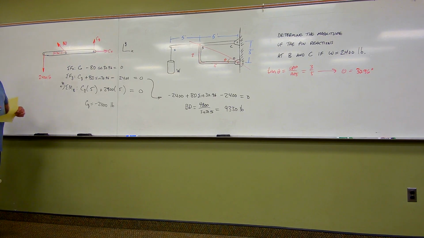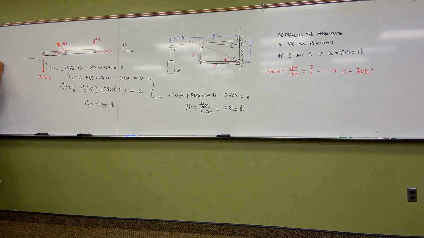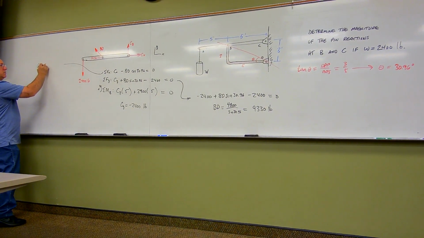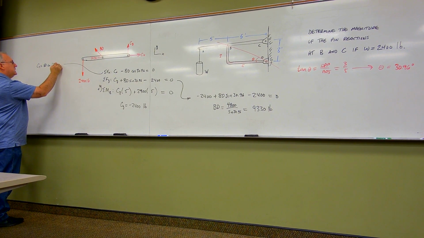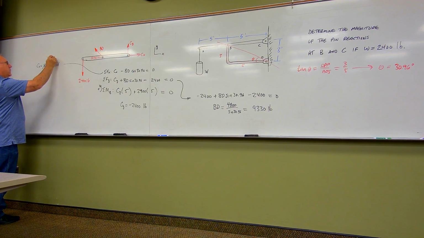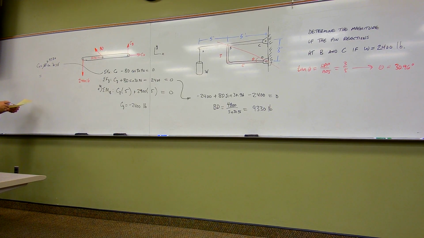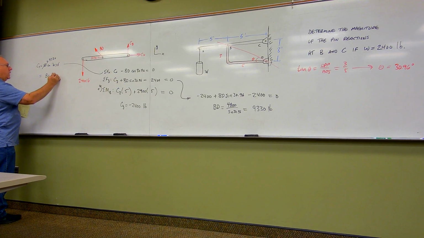And then, folks, once we've got BD solved, we can solve for this one right here. If I bring this over here, now I'm going to have CX is equal then to BD cosine 30.96, and we know that BD is, as we just figured out, 9330. Plug it in, crank it out, you're going to end up with CX being about 8,001 pounds.